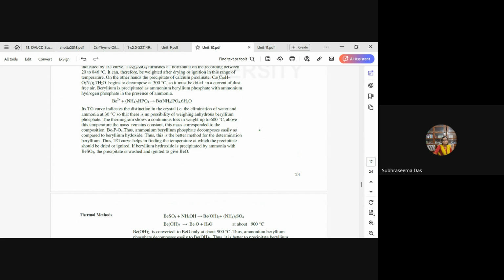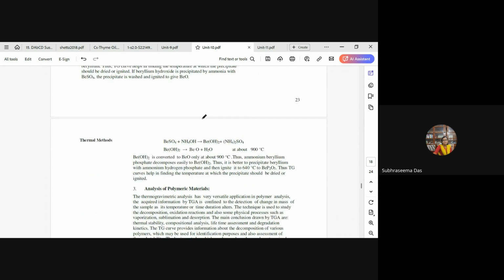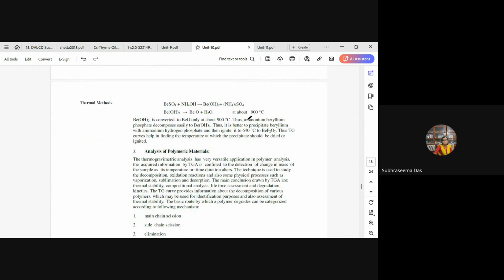If beryllium hydroxide is precipitated by ammonia with BeSO4, then the precipitate is washed and ignited to give BeO. Only at about 900 degrees centigrade is BeO obtained.